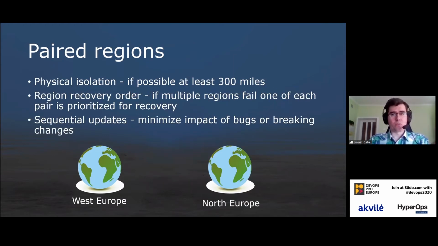Azure recommends deploying your database in a paired region. For a paired region, for example, West Europe and North Europe, you get the promise of physical isolation and region recovery order. So if two of your paired regions are down, one of the regions from the pair will be prioritized to recover. And you get sequential updates, so never two regions from the same pair will be updated at the same time by Azure.